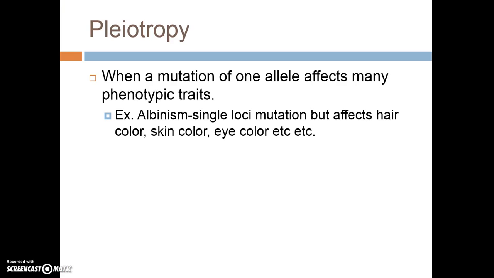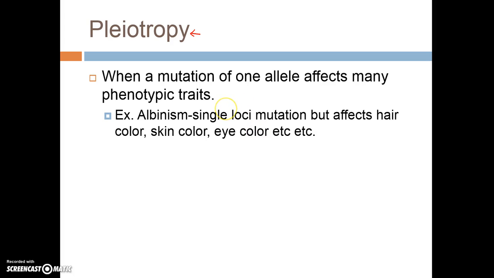Okay, so this term pleiotropy, we've already kind of hit on this before, but I just wanted to introduce this term to you guys. The easiest way to think about this is, for instance, albinism. Albinism is a mutation on a single gene, but as you know, it's going to affect a lot of the ways a person looks. Their hair is going to be very, very light blonde. Their skin is not going to have any melanin, so it's going to be very light.